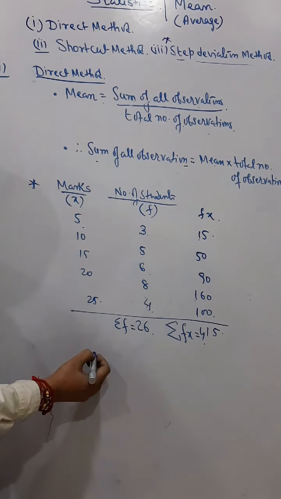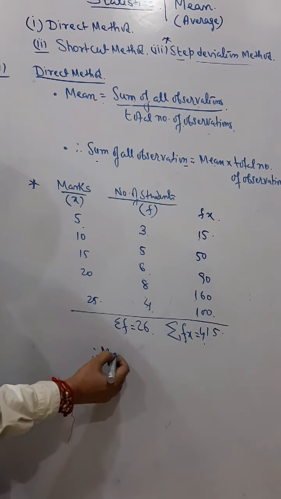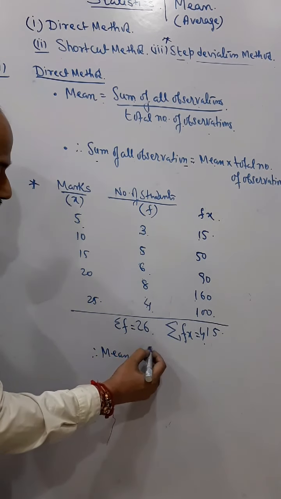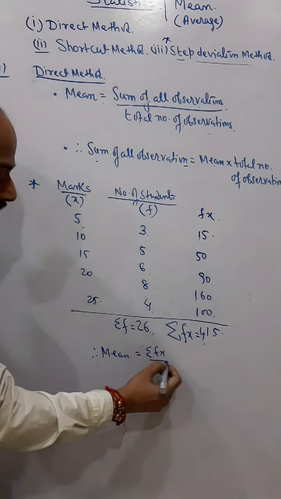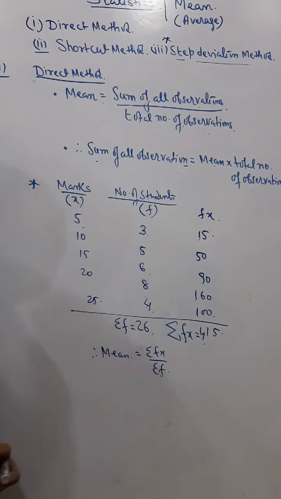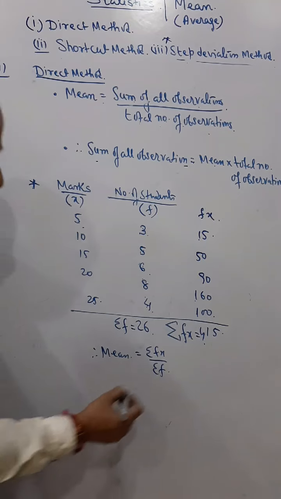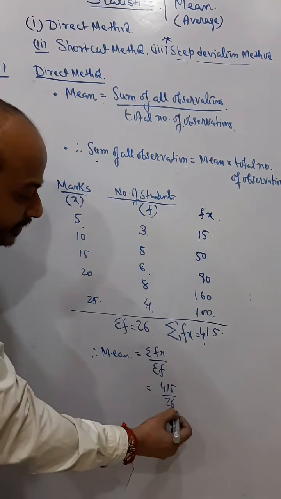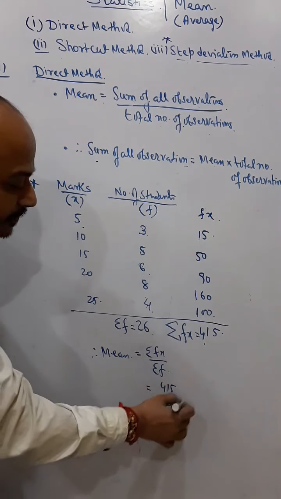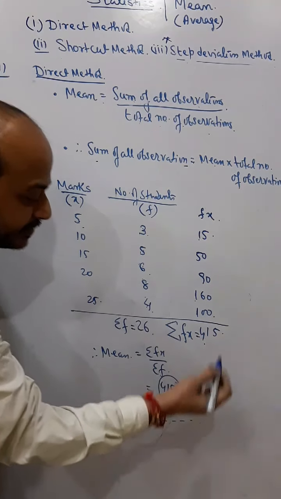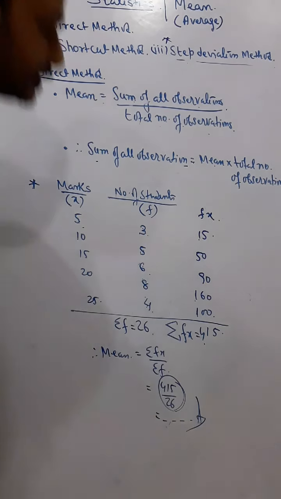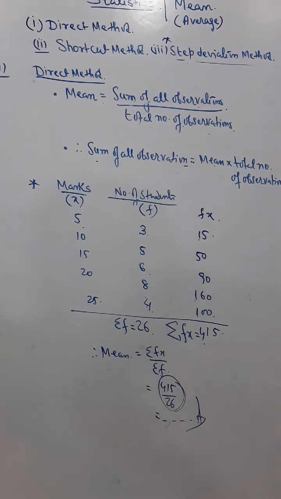Understand? Now we can get the mean by direct method. So this is the direct method: sigma fx by sigma f, so we get 415 by 26, and then we find the value in decimal, and that will be my answer. So after dividing this we will get the mean. This is the direct method.